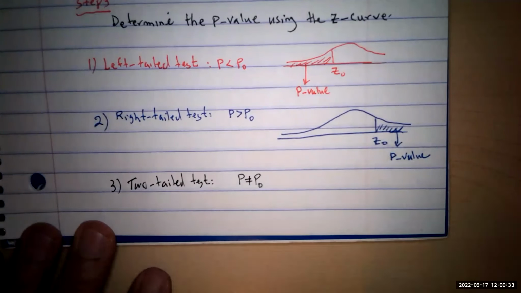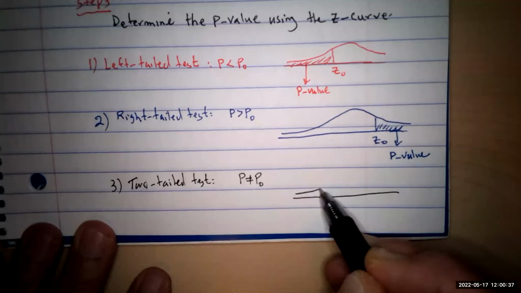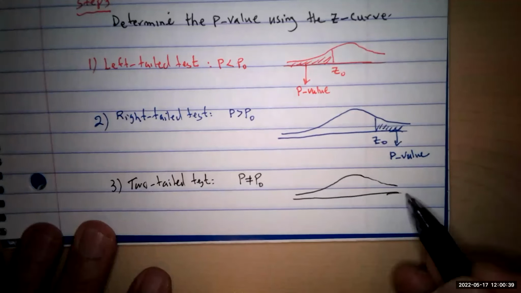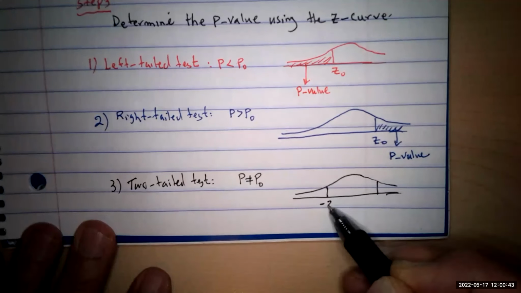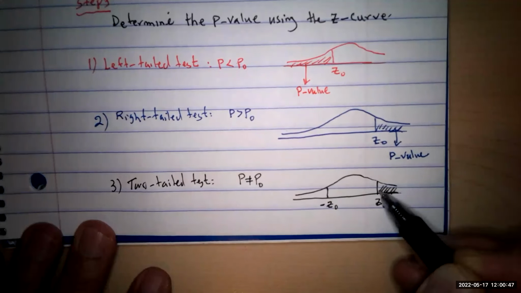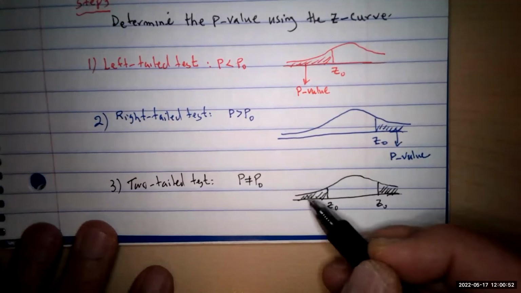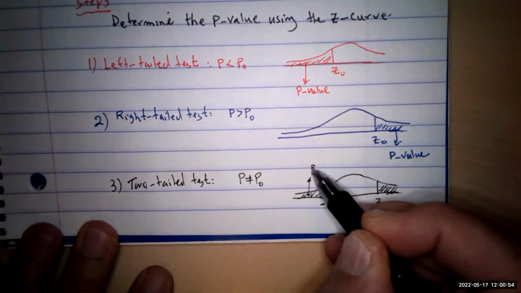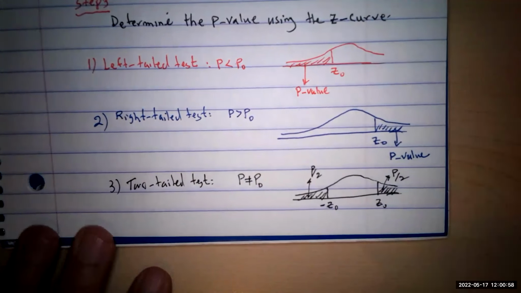And the corresponding curve, remember we have divided it into 2 different parts. So it's going to be again like a negative Z naught and the positive Z naught. So you have to find one of them and then divide by 2. So I'm going to write this one to be the P half, and this is going to be the P half as we did it for the Z.